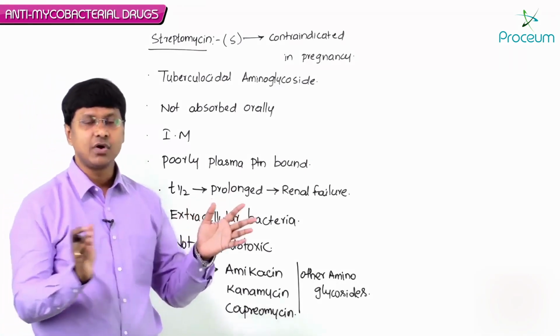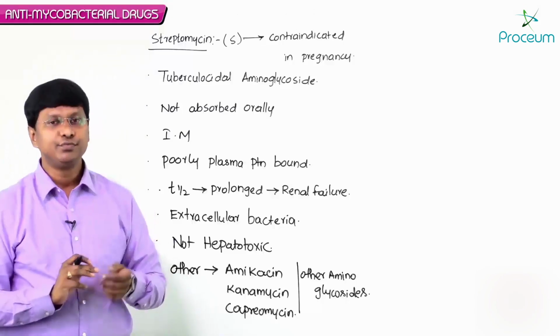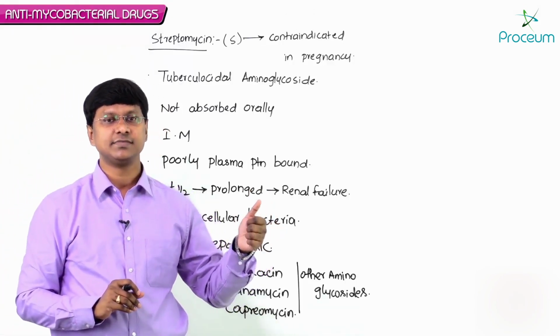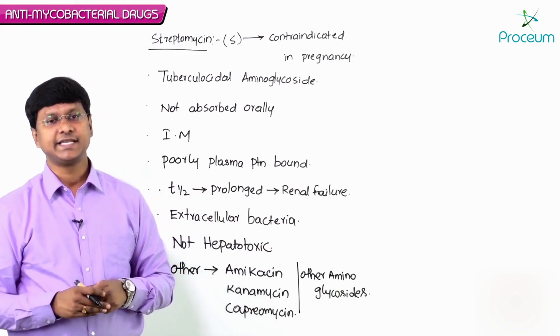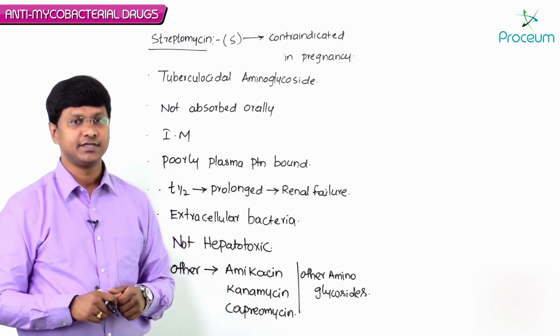Now, summarizing all these first line anti-tubercular drugs, let me tell you which first line anti-tubercular drug is active against the rapidly growing organism, and which is active against the organism which is present within the caseous material.